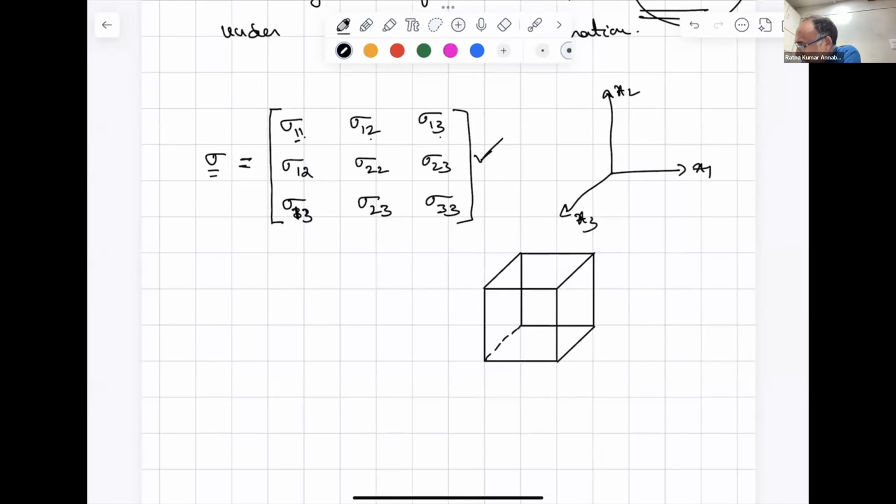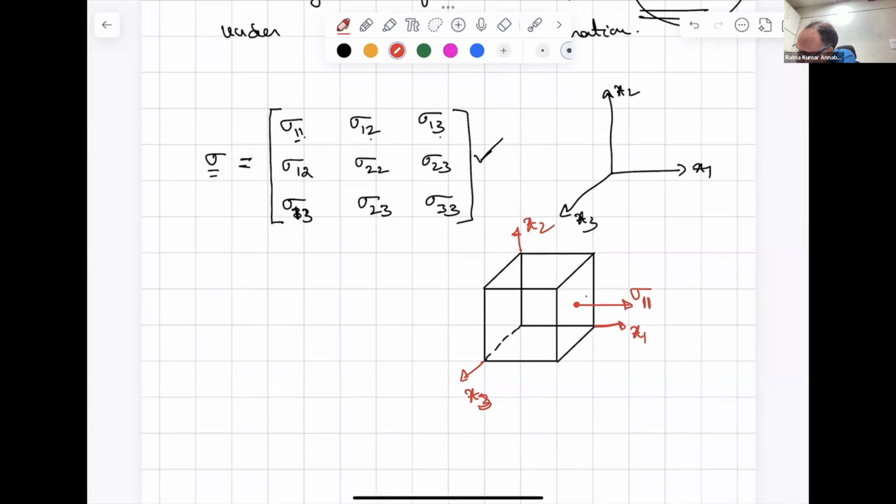now I have shown you in the previous class, this is your x1 axis, that is your x2 axis, then that is your x3 axis. Then the traction vector on this surface, this component is sigma, the normal to the surface is the x1 axis, and this quantity is in the direction of the x1 axis.